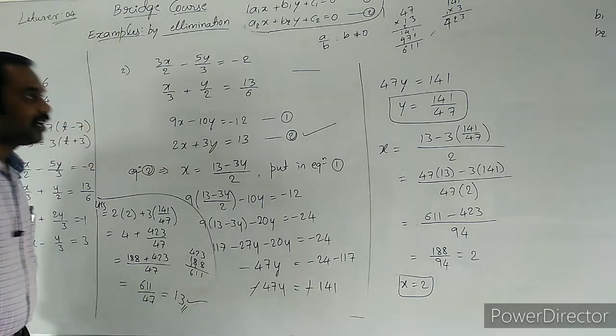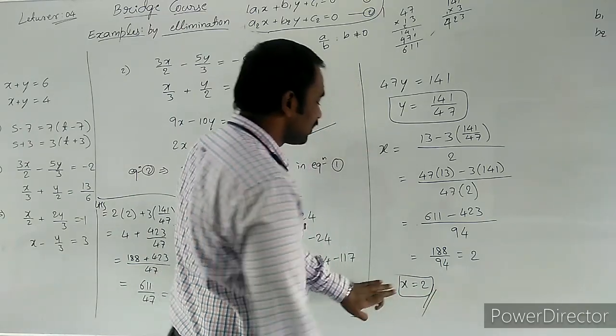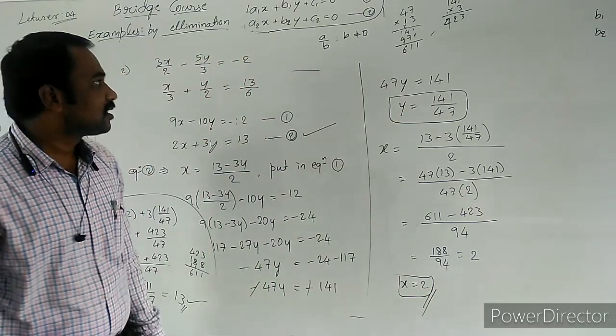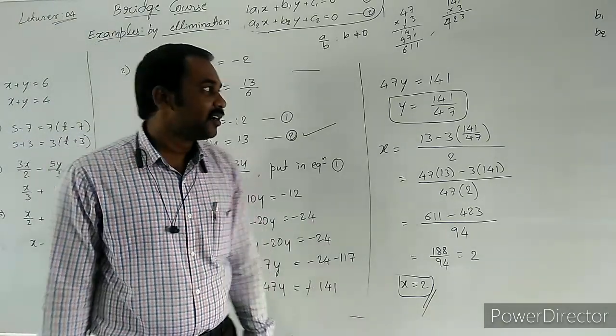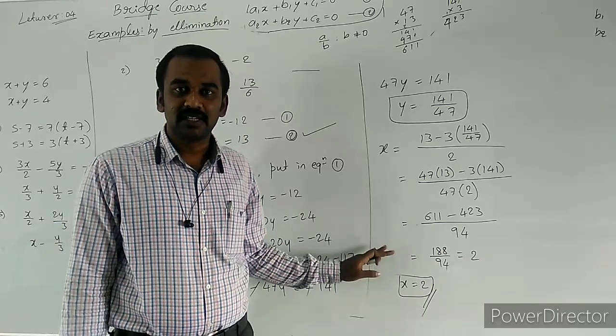Hence we get our required RHS, so we got the correct answer. x value is 2, y value is 141 divided by 47. I just stop here. I will post the homework problems separately.